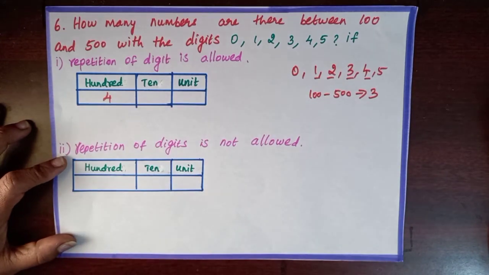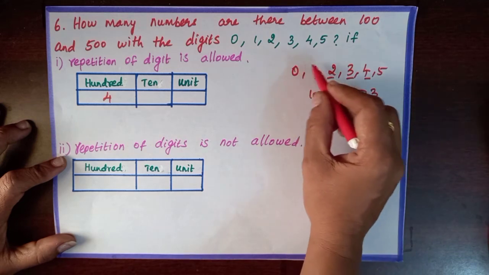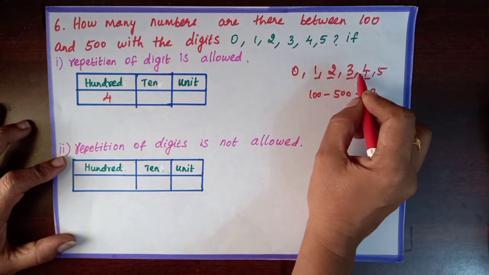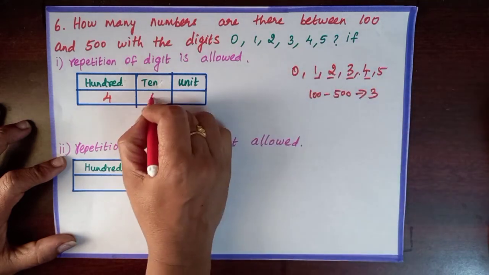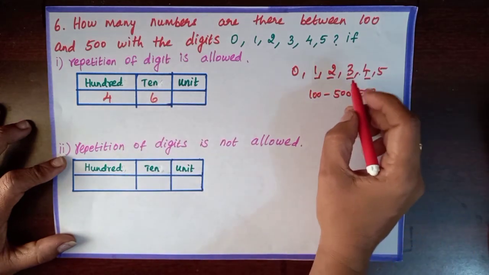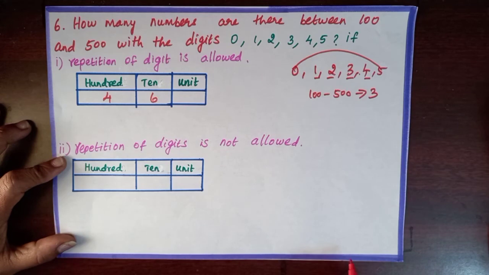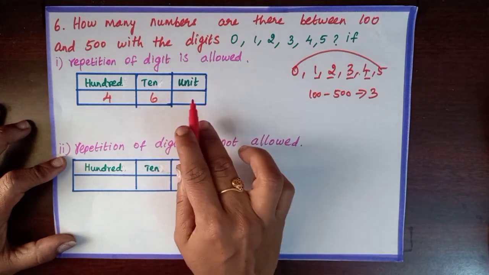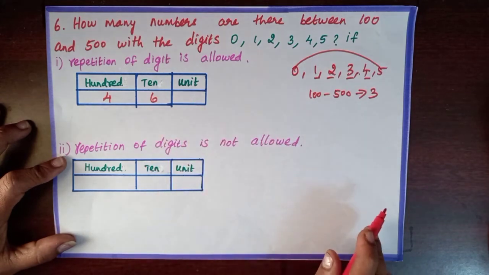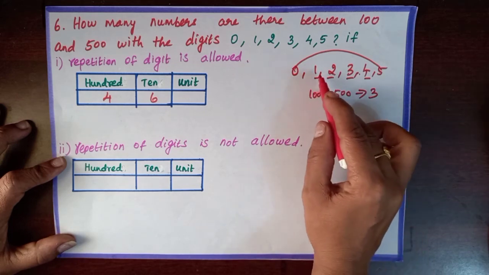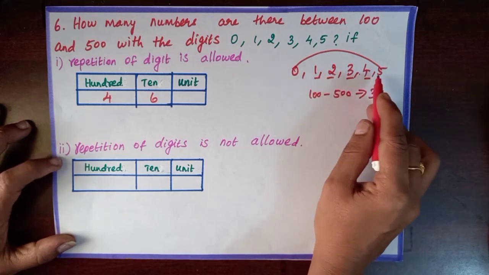The tens place can be filled by any one of the digits 0, 1, 2, 3, 4, 5 in 6 ways. 0 and 5 are included. The unit place can be filled by any one of the digits 0, 1, 2, 3, 4, 5.